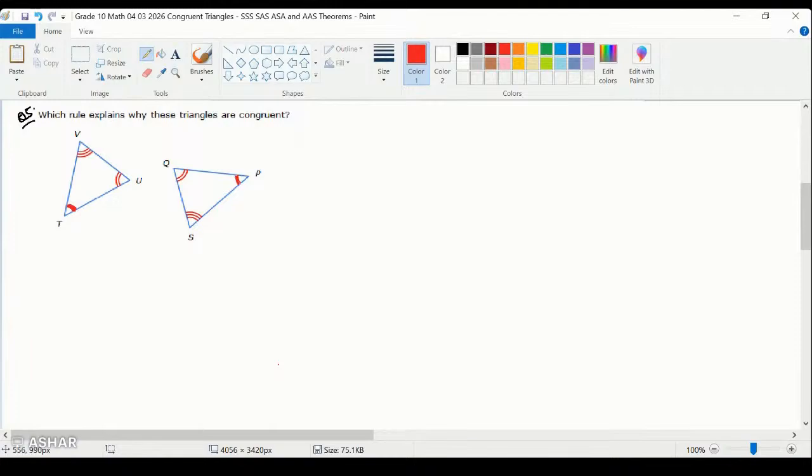What we can see over here is three angles are given to us. Agreed? So we say angle VTU is equal to angle SPQ. This angle was equal to this angle. The second angle, TUV, was equal to SQP.